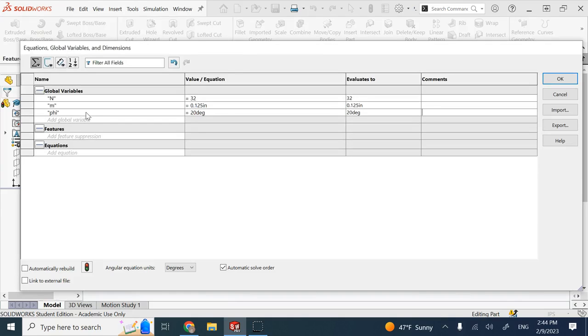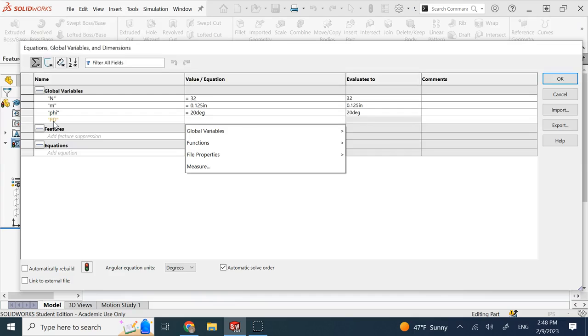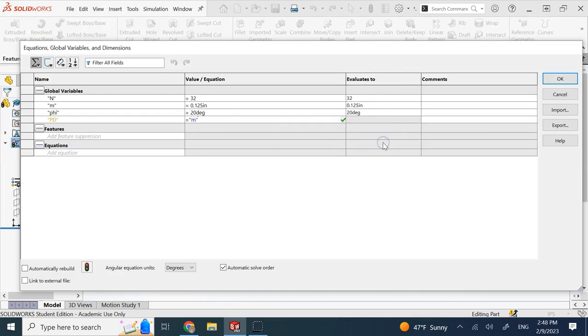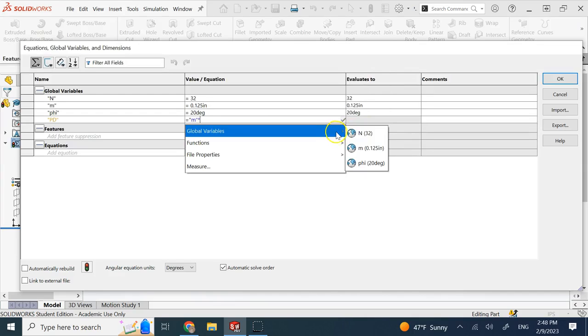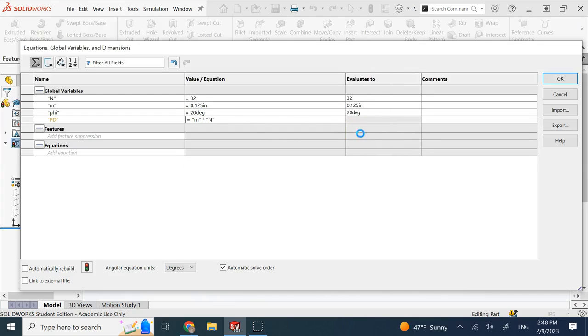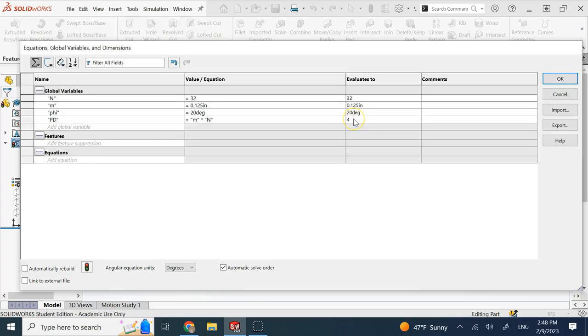Okay, so these are the major parameters. There are some other parameters that we can add as well, but many of the dimensions for a gear are mostly going to be calculated based on these parameters. For example, the pitch diameter PD can be calculated by M, the gear modulus, times N, the number of teeth, and you see it is going to be 4 inches.